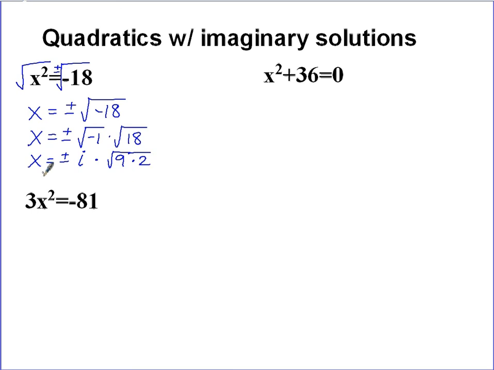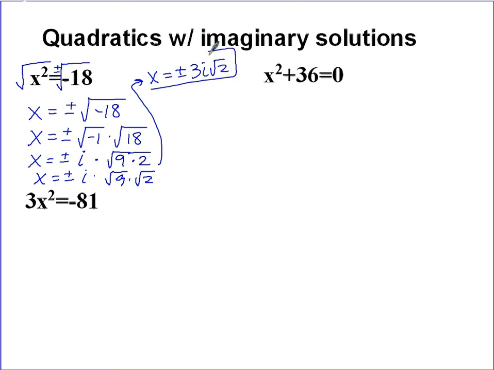And then I'm going to separate that as square root of 9 times square root of 2. And I know the square root of 9 is 3. And so I can rewrite this as x equals plus or minus 3i root 2. And that would be your solution.